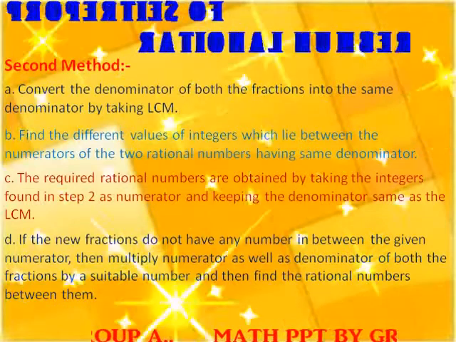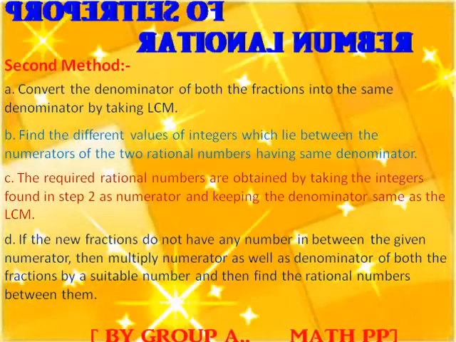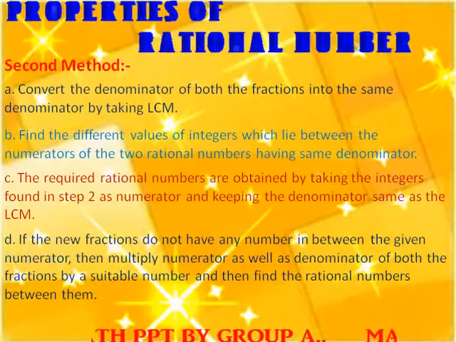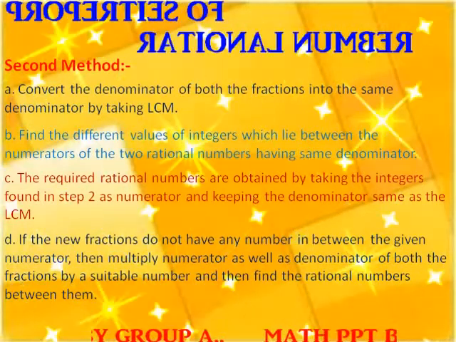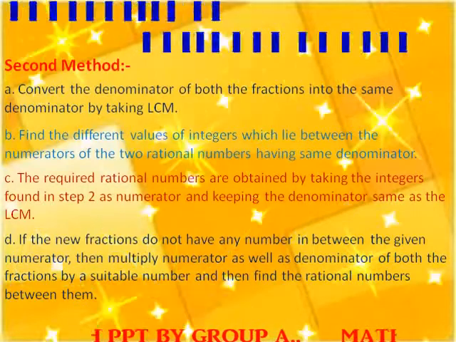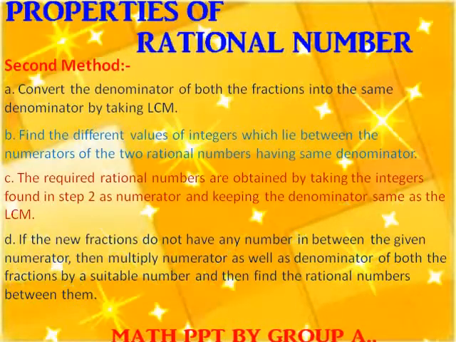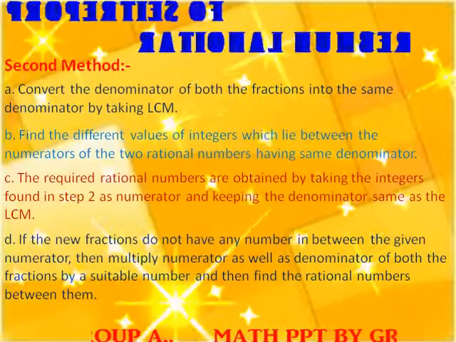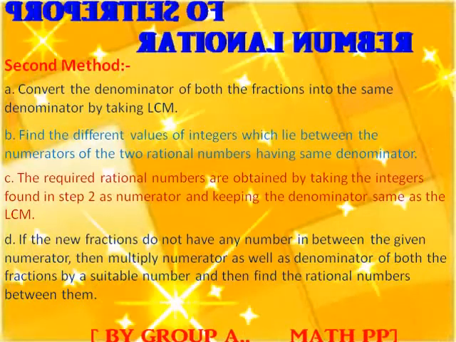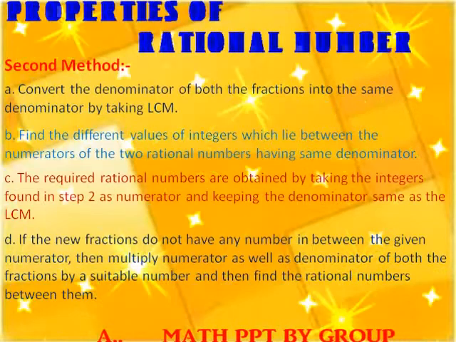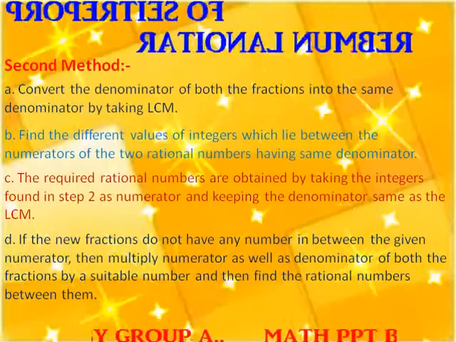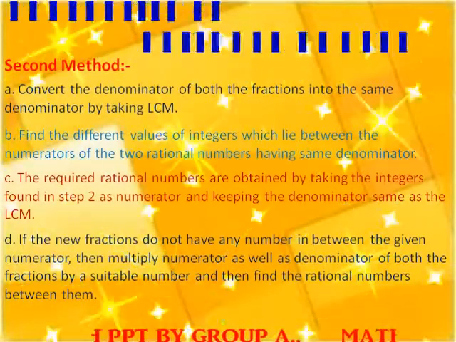C. The required rational numbers are obtained by taking the integers found in step B as numerators and keeping the denominator the same as the LCM. D. If the new fractions do not have any number in between the given numerators, then multiply the numerator as well as the denominator of both the fractions by a suitable number and then find the rational numbers between them.